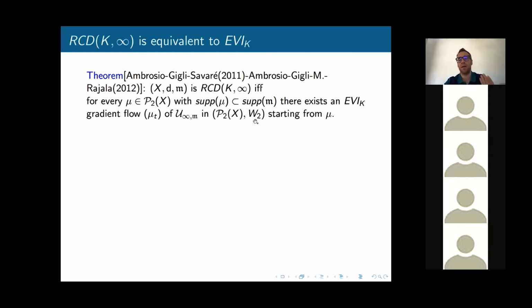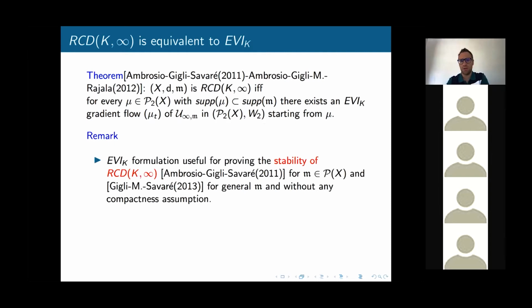So we are taking the EVIK flow of the relative entropy functional in the space of probability measures with finite second moment endowed with the W2 Wasserstein distance. This was proved in the case of m probability measure by Ambrosio-Gigli and Savaré, and then was extended to the general case by Ambrosio-Gigli, myself, and Rajala.